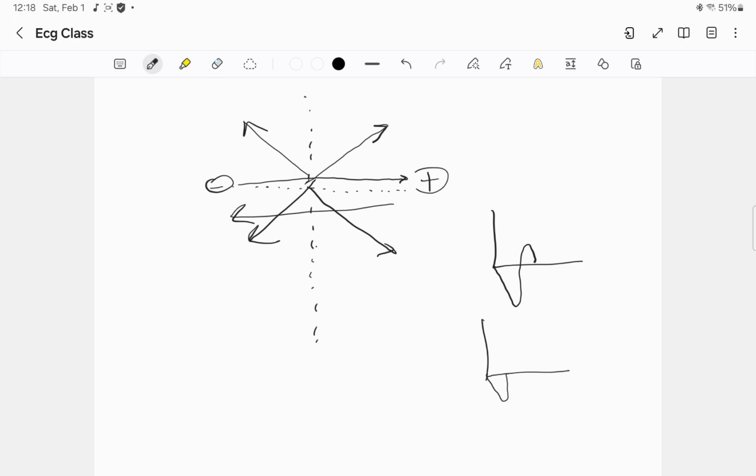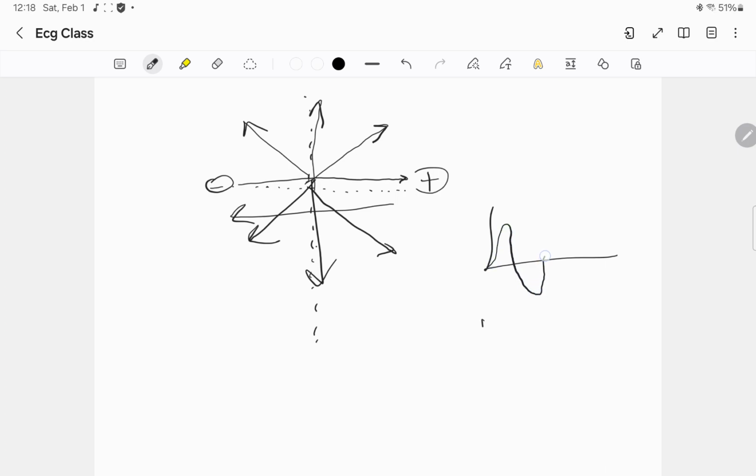And finally, if the electrical impulse is going directly perpendicular to the electrode, you'll either get a perfectly biphasic wave or an isoelectric waveform.